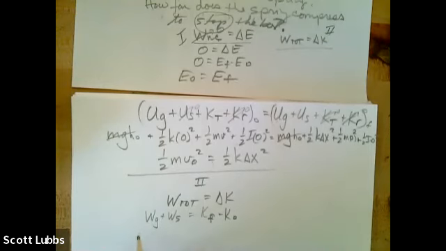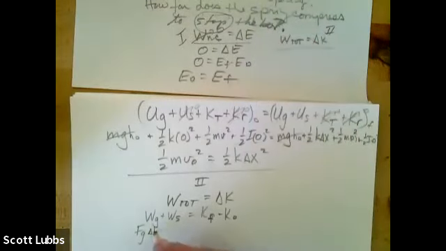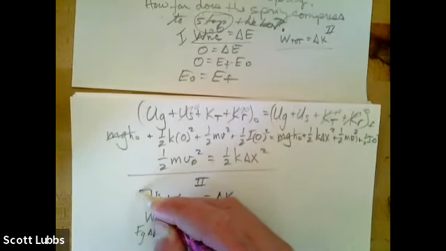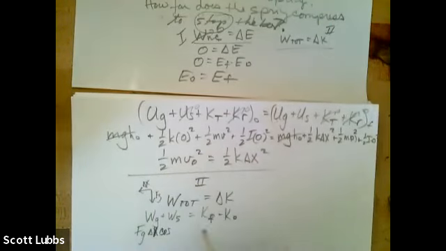So the work done by gravity is the force of gravity times delta X, force times distance, times the cosine of the angle between them. Gravity points down, delta X is that way. That's 90 degrees. Cosine of 90 is 0.